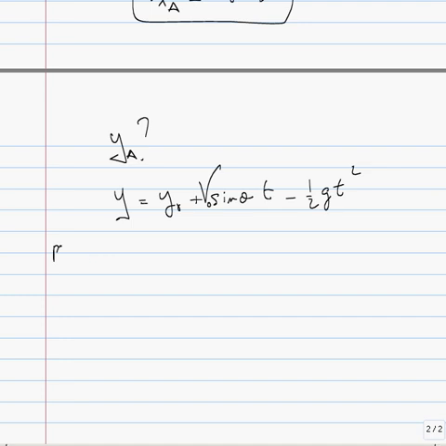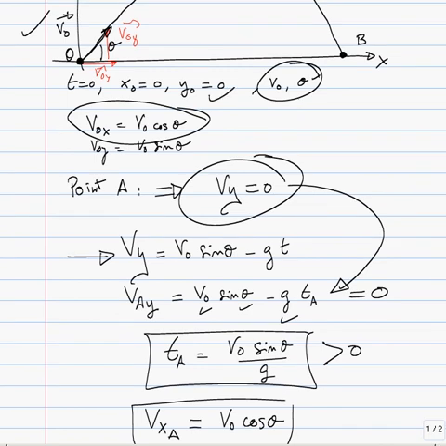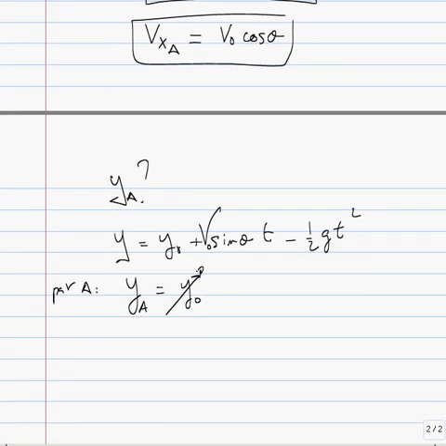So at point A, this equation becomes ya is equal to y initial. Y initial, remember the way that I set up my coordinate system to make my life easier, is 0. This goes away. Plus v naught sine theta t, and this t refers to ta because I'm evaluating this equation at point A, minus 1 half g ta squared.